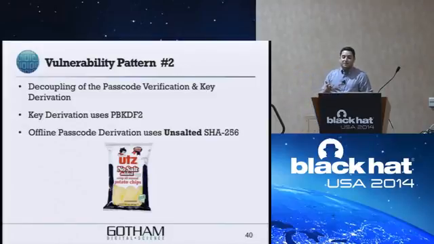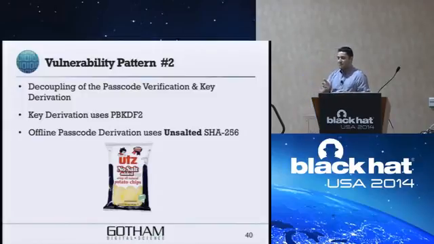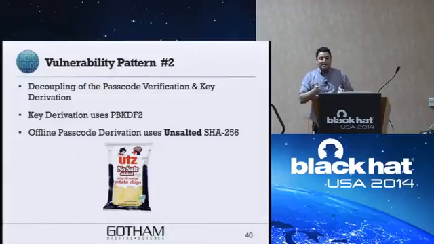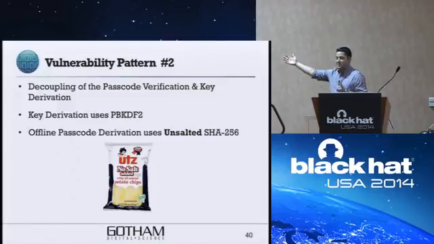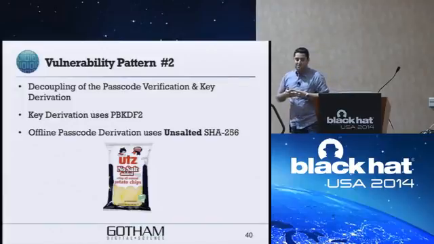This is a common bug that we found where the key derivation could be strong, but then you have this really weak passcode verification that I can now use that logic to brute force instead of brute forcing the key derivation. We found one bug where they were doing an unsalted SHA-256 as that passcode verification, which is pretty terrible.